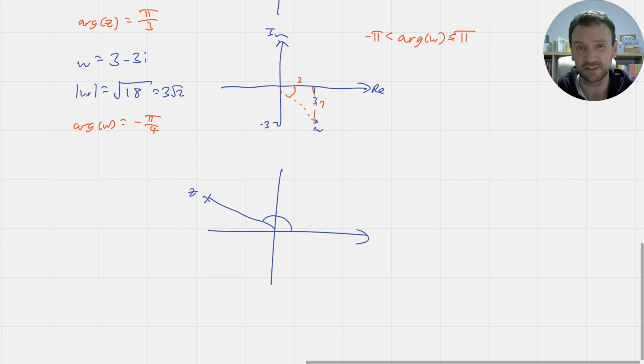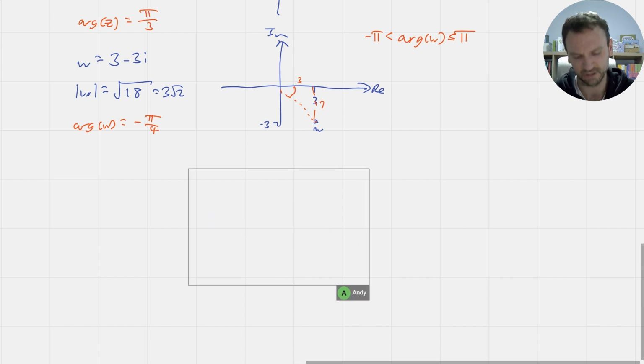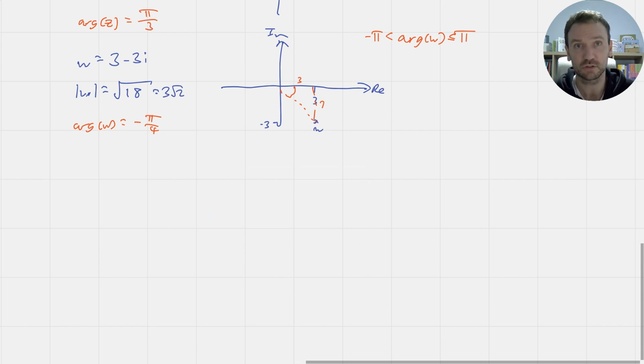You'd be given an angle somewhere between pi over 2 and pi, and you'd probably better to find a small angle first by doing trigonometry, and then take your answer away from pi. So that's how you can adapt it to being in the other quadrants, but there's nothing too complicated going on there. As long as you're giving your answer between negative pi and pi, you should all be good.